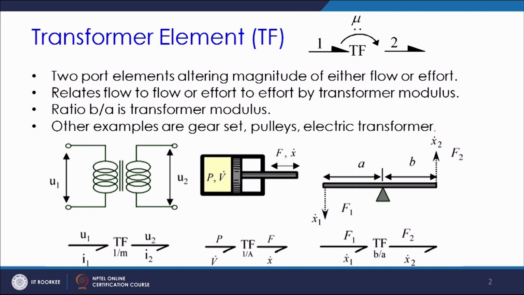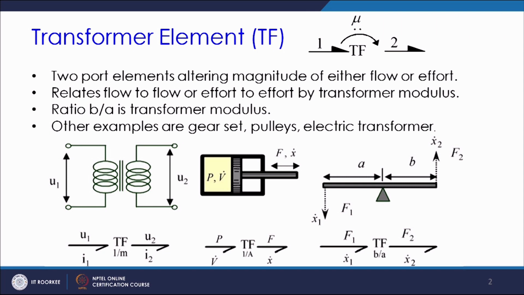Likewise, here say a piston cylinder arrangement, here in the piston side we have the pressure P and say volume flow rate V dot, and at the other side we have the force acting on the piston as F and the velocity x dot.